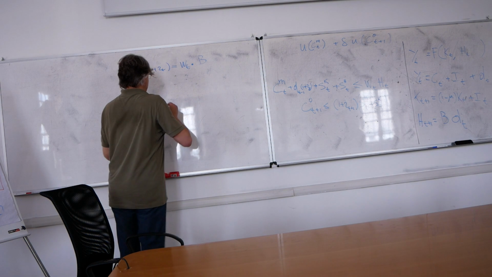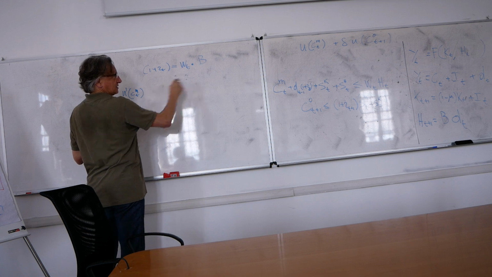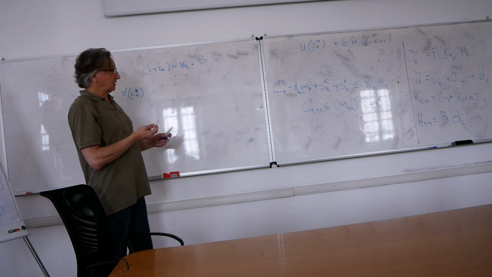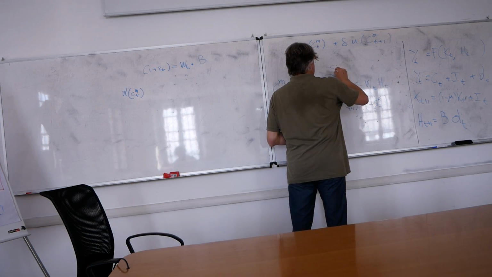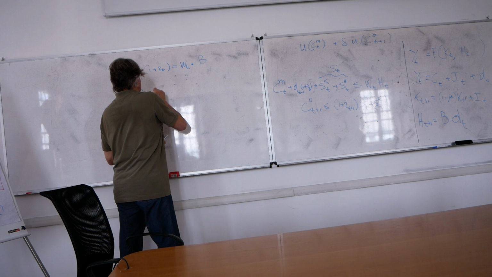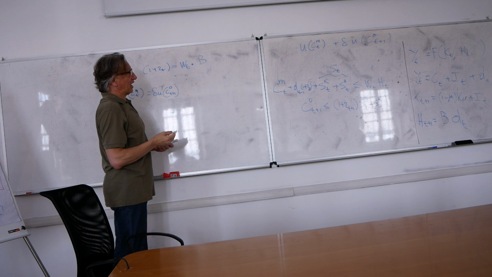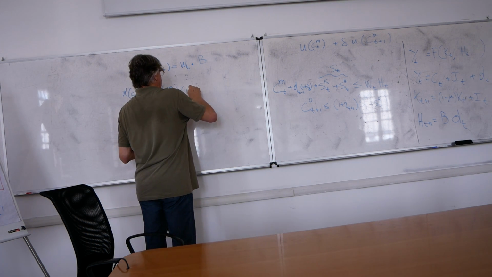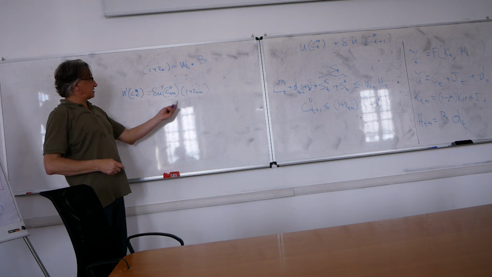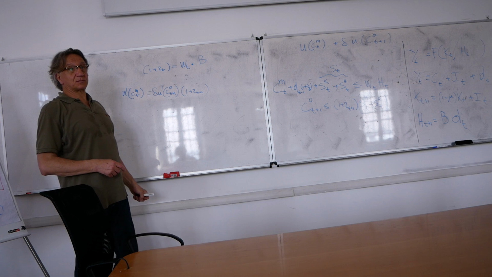Aggregate saving simply says that u prime c young t, that's my cost of saving, right? If I increase saving, I lose that. It's equal to delta u prime c old t plus 1 multiplied by 1 plus r t plus 1. So this determines the growth rate of consumption.